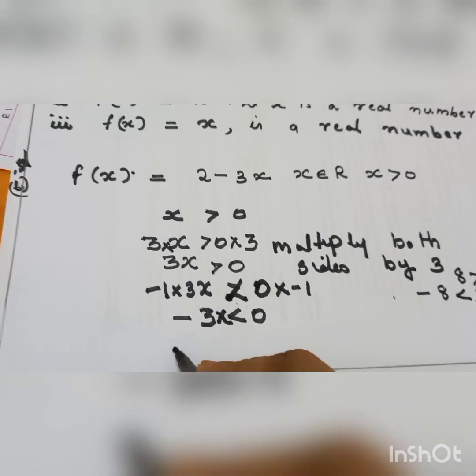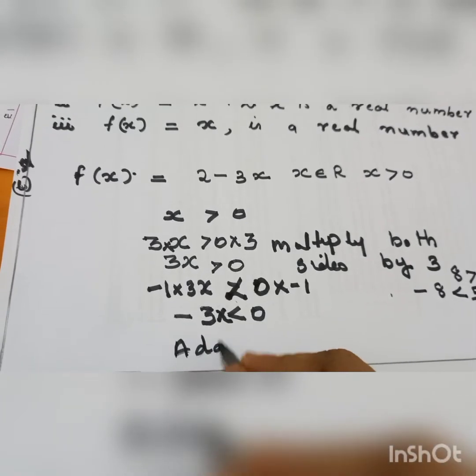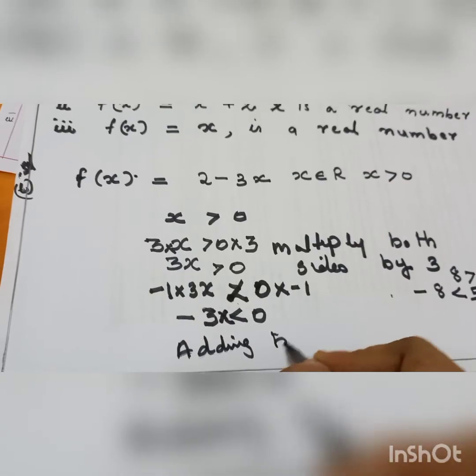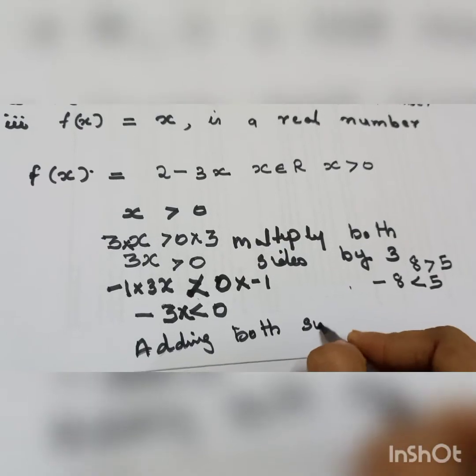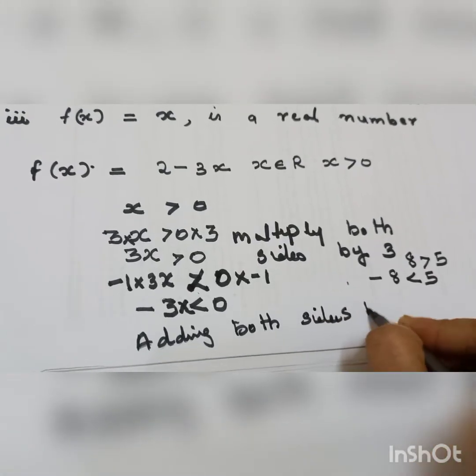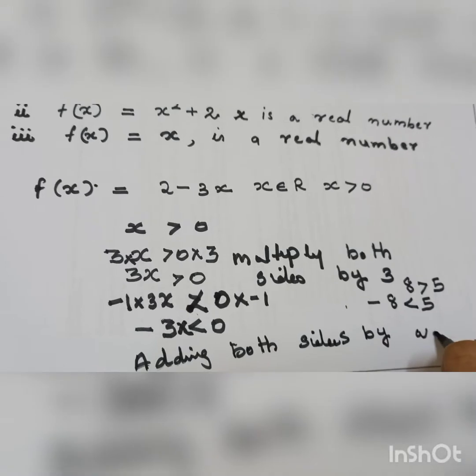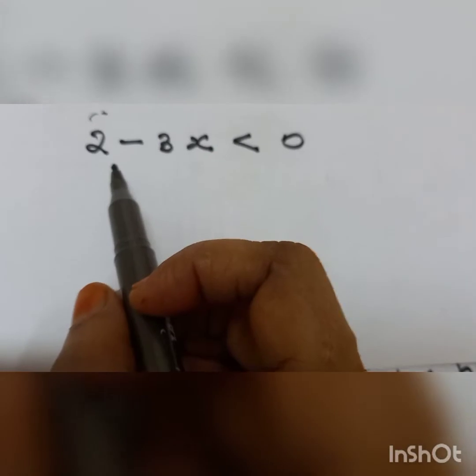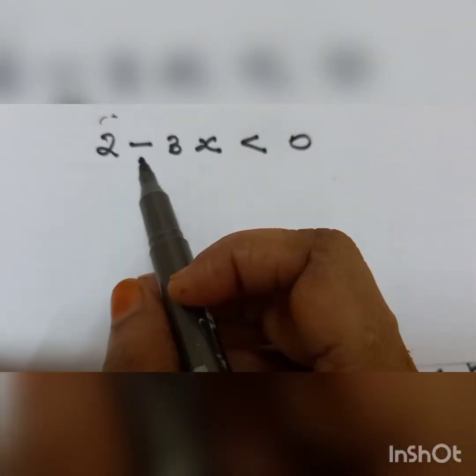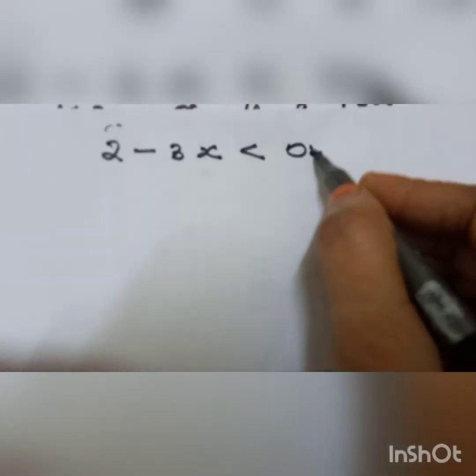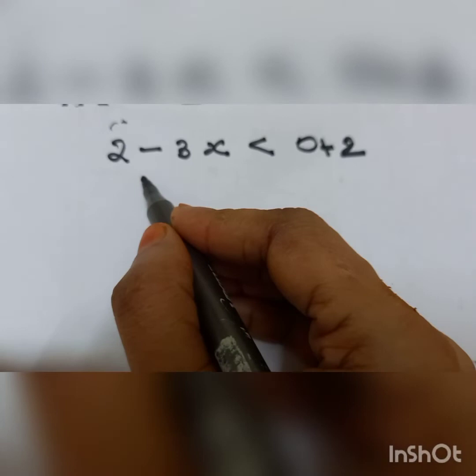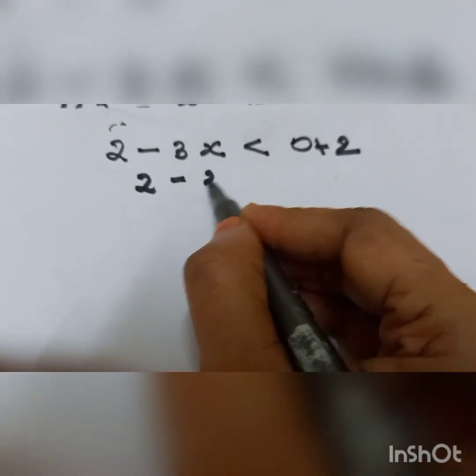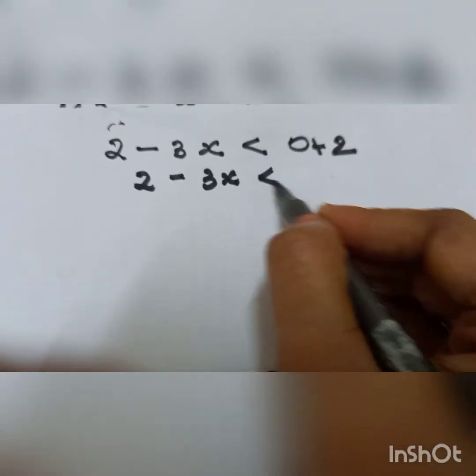Next, adding 2 on both sides, we get 2 minus 3x is less than 0 plus 2, so less than 2.